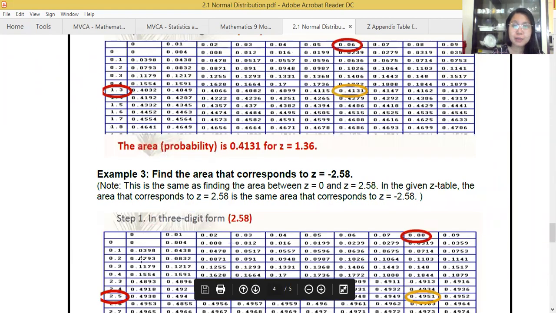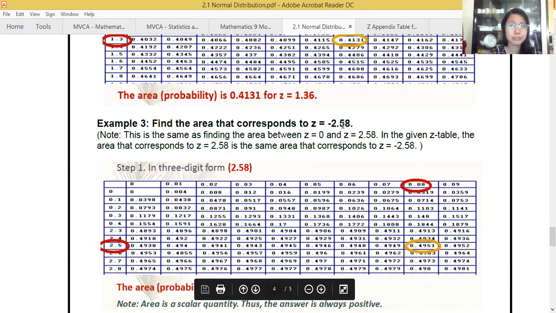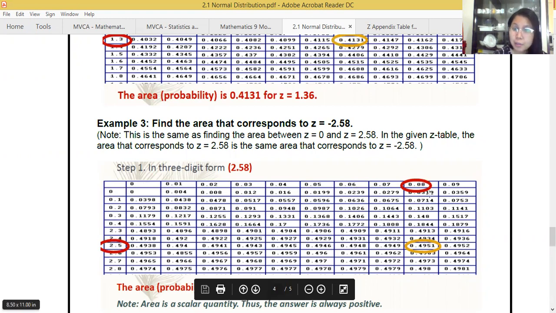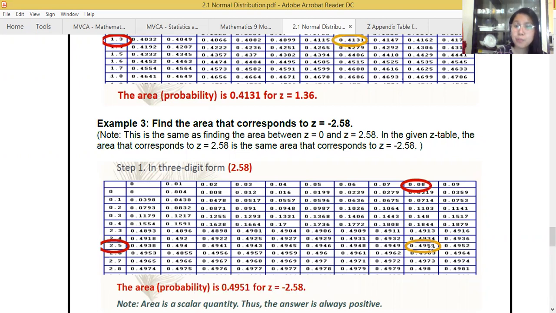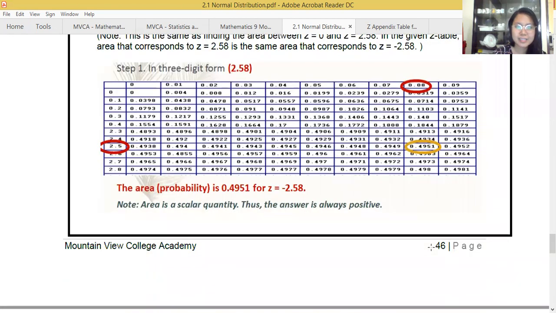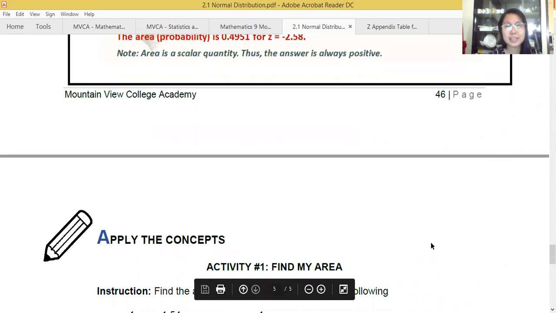If it's a negative number, negative 2.58, it's the same as positive 2.58 because area is a scalar quantity. So it means it's always positive. So you have 2.5 here and 0.08 on top. The answer is 0.4951. That's very easy. That's how you'll do it.